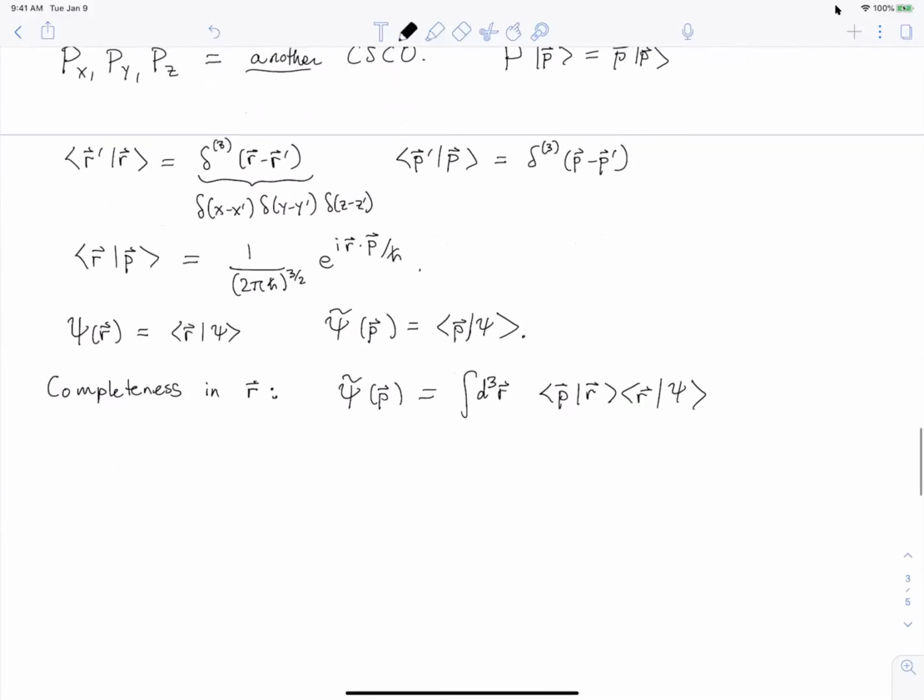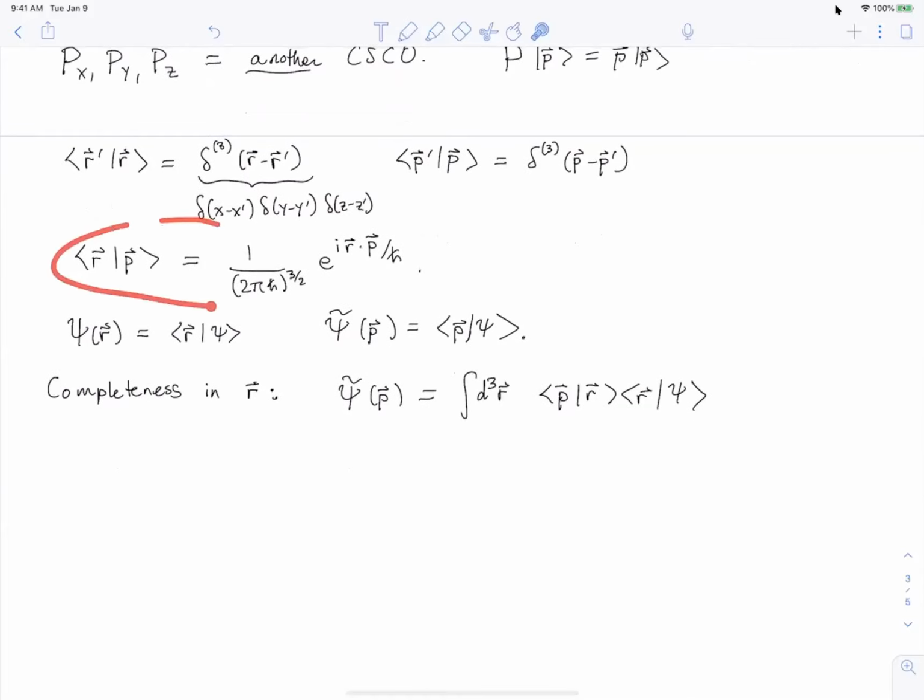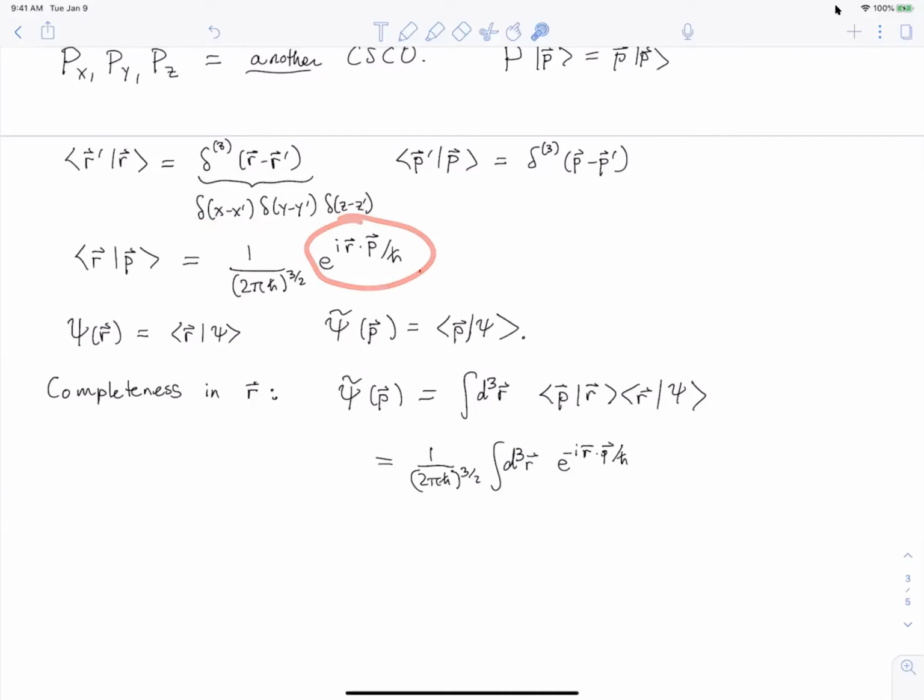And so now just plugging in what we got here, this is equal to 1 over (2 pi h bar) to the 3/2, integral over all positions, e to the minus i r dot p over h bar. We took the complex conjugate of this right here, okay, and multiplied by the position state wave function. So again, completeness is what allows you to change position wave functions into momentum wave functions and vice versa.